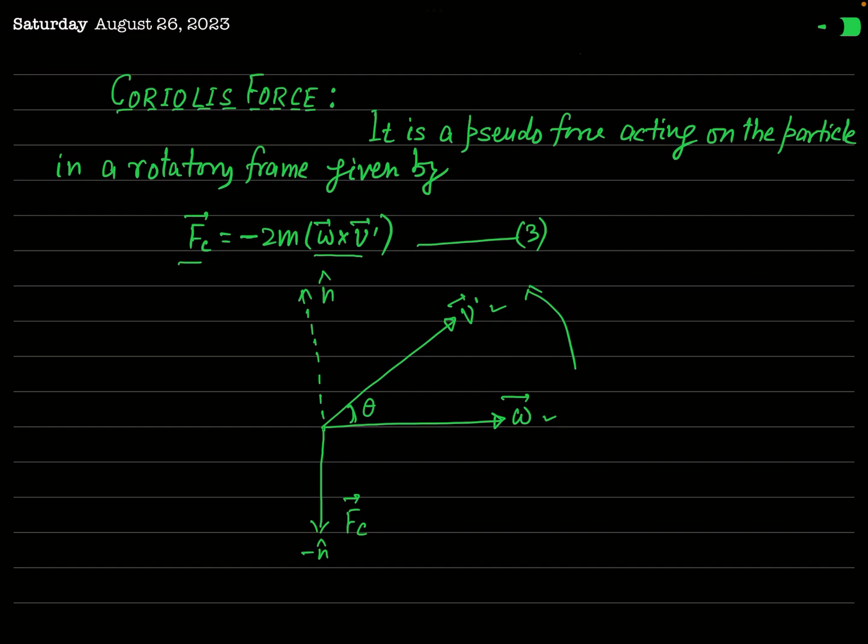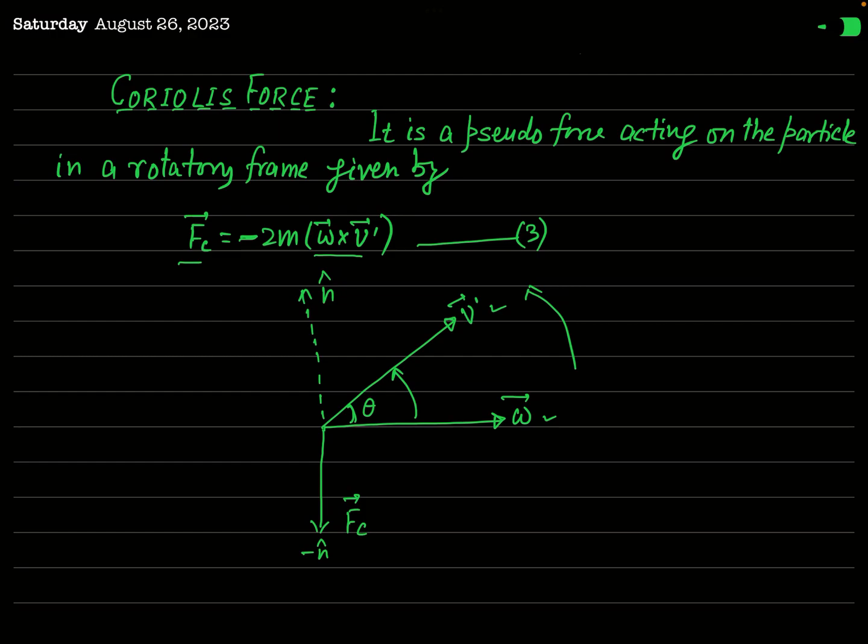As you can see, if we swing omega into v prime, the swinging will be anti-clockwise in accordance with this figure. So this cross product of omega and v prime will be perpendicular to the plane of omega and v prime and onto the page in accordance with the right hand screw rule. But due to this minus sign, this Coriolis force will be in the inward direction, perpendicular to the plane of omega and v prime, if the plane of omega and v prime is as shown in this figure.